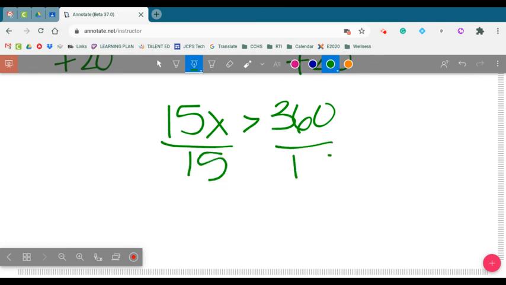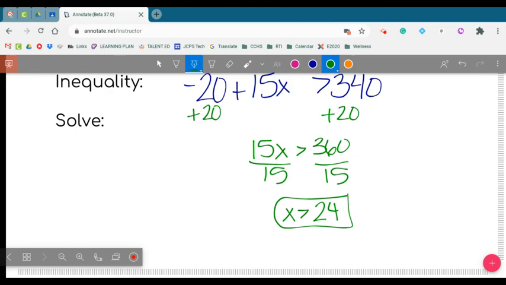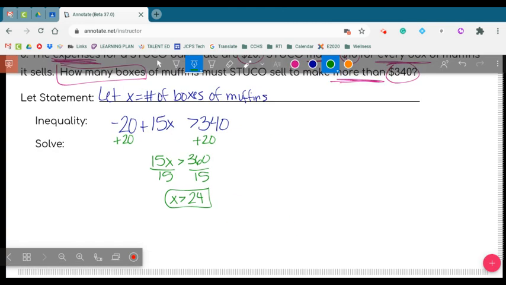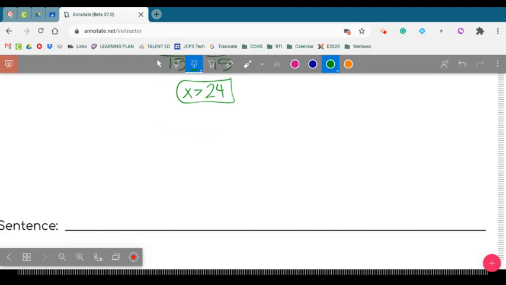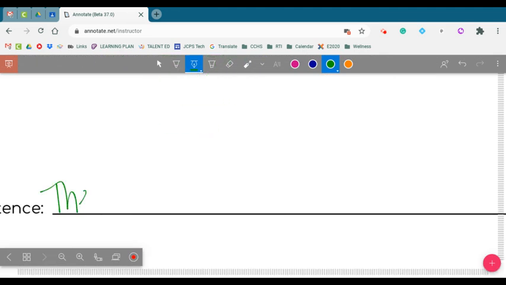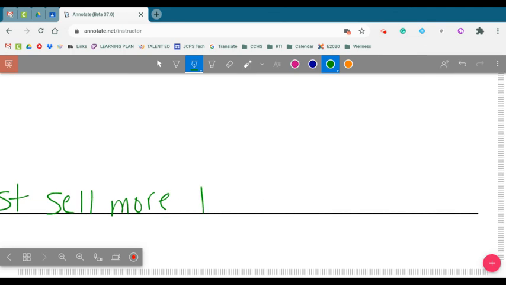Divide by 15. 360 divided by 15 is going to give you x is greater than 24. So how many boxes can they sell? If they sell exactly 24, they're going to make exactly $340. So that means they must sell more than 24 boxes.